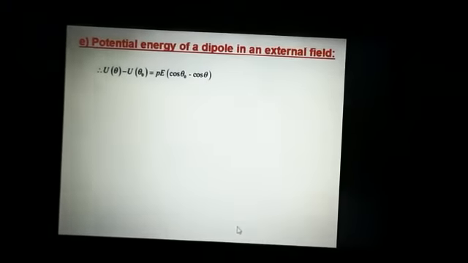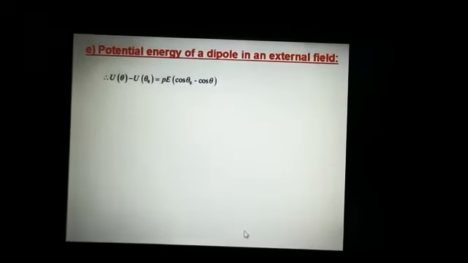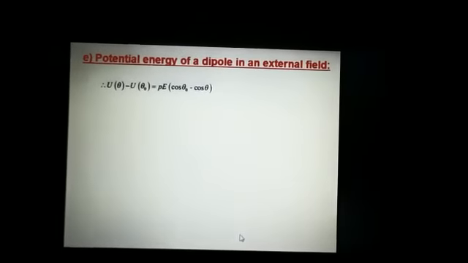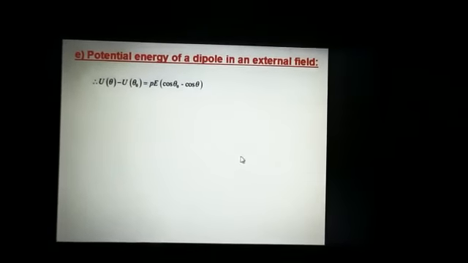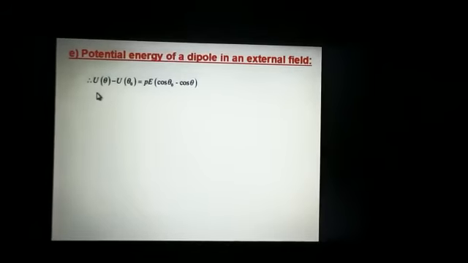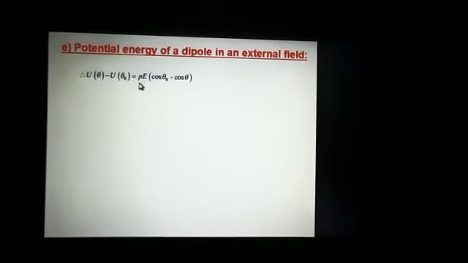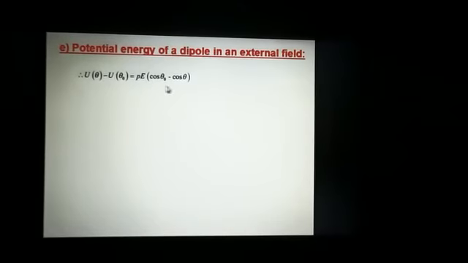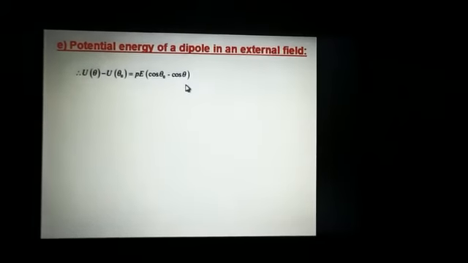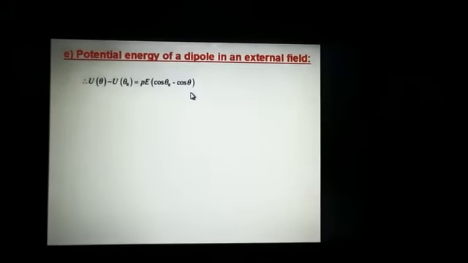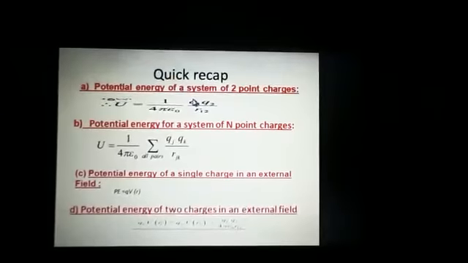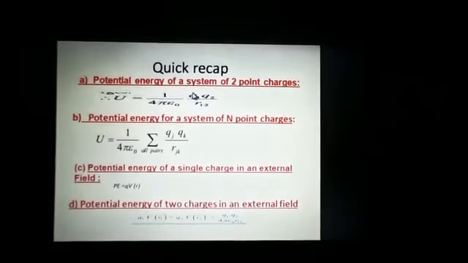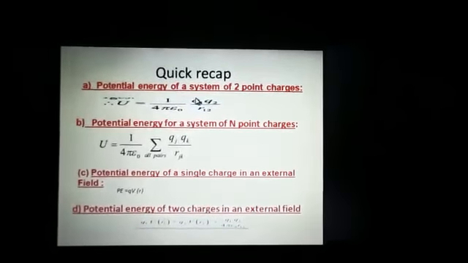And the last point we discussed is the potential energy of a dipole in an external field, U(theta) minus U(theta 0) equal to P E times cos theta 0 minus cos theta. Here we discussed the potential energy of the different points of a system. Thank you.